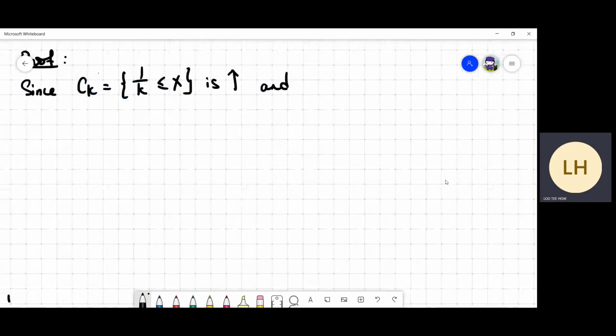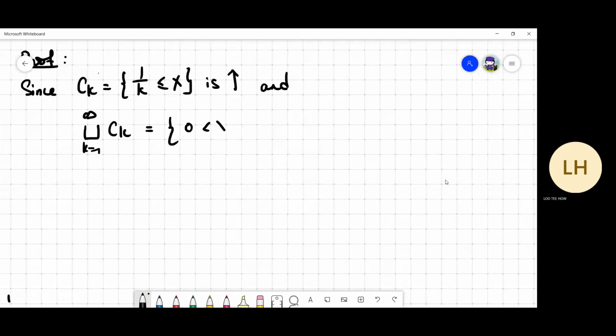And next, we know that the union of all the Ck is actually just equal to this. I think I better put the full one, so the union of all this, k greater or equal to small k.